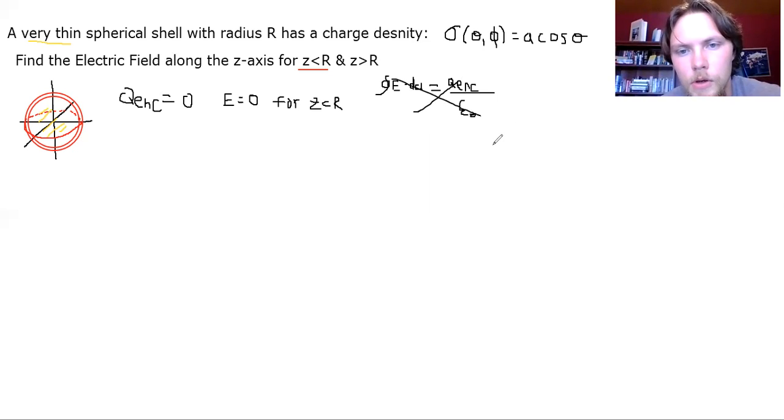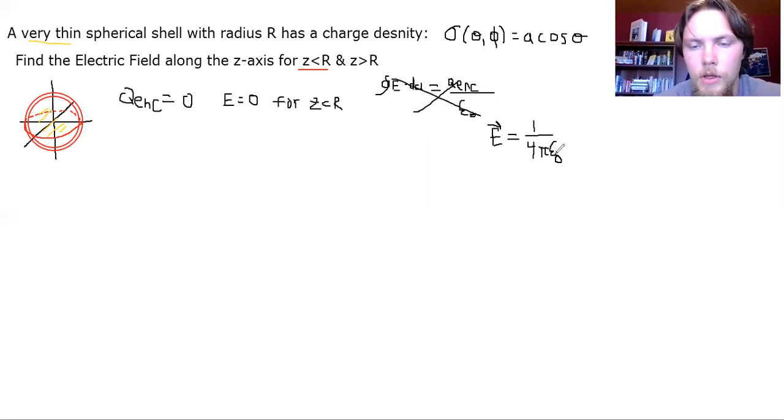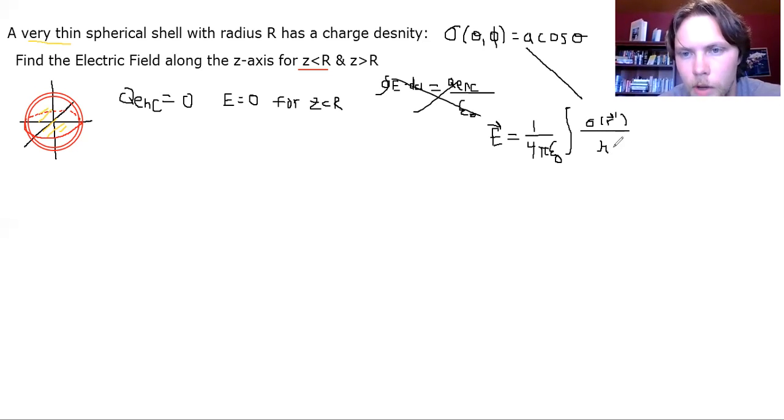We can use the electric field, which is a vector, is equal to 1 over 4 pi epsilon naught, and it's the integral of sigma as a function of r prime vector, which isn't going to really matter since this is going to be the same as that, over the magnitude of script r cubed times our separation vector script r times dA prime.